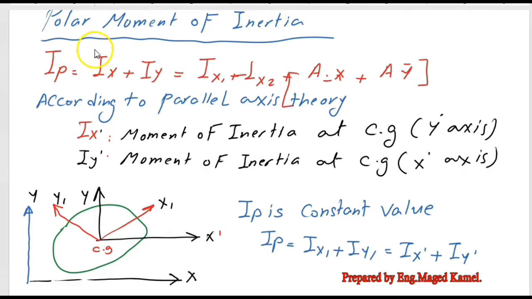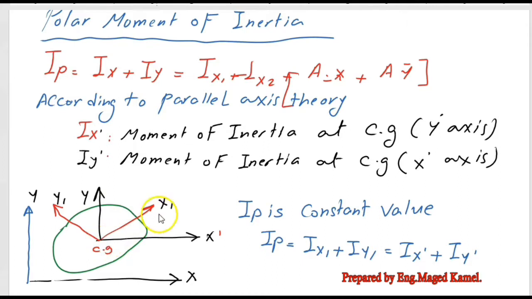For the polar moment of inertia, this is a new expression. The polar moment of inertia is the summation of the moment of inertia about x plus the moment of inertia about y, and this is considered a constant value. What does it mean?